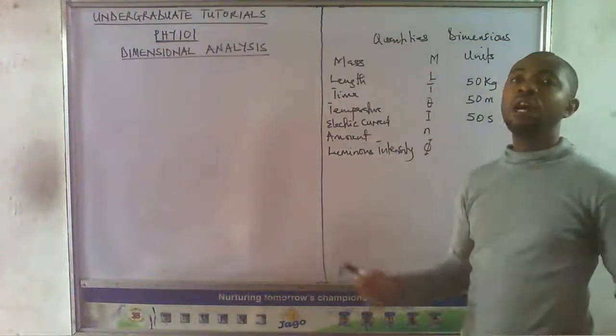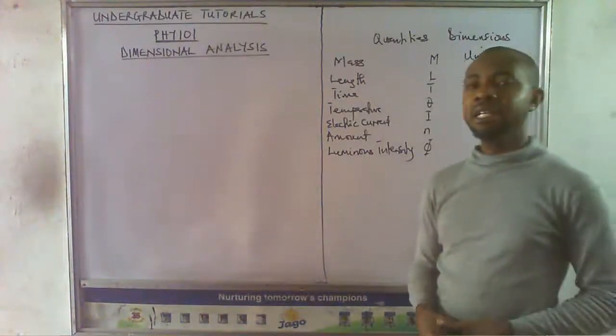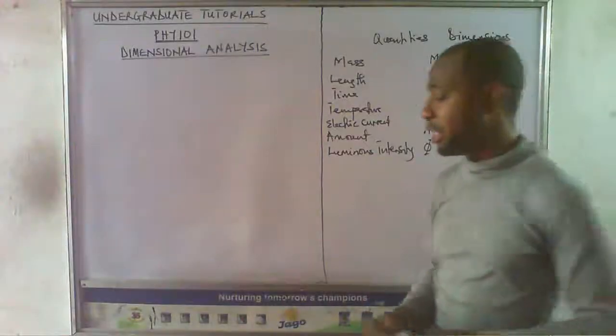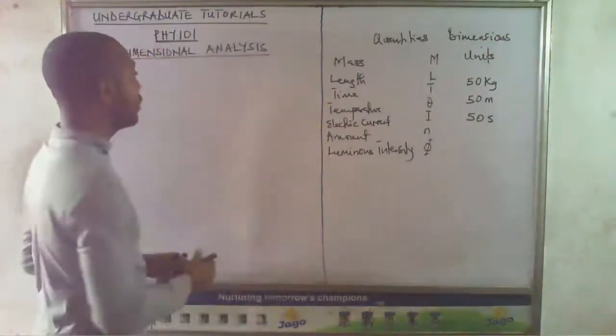Now, what are we expected to do in dimensional analysis, or what exactly is dimensional analysis? So let's define dimensional analysis, having done a recap of what you have done previously.